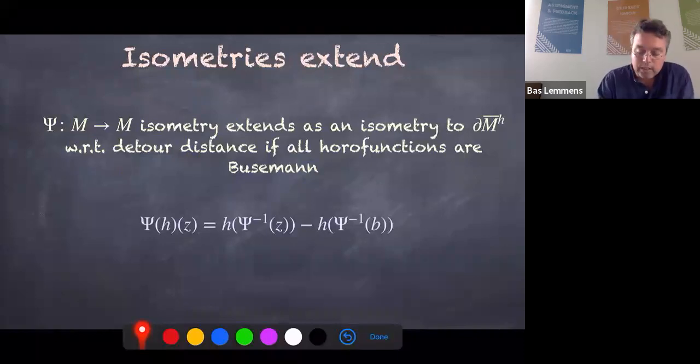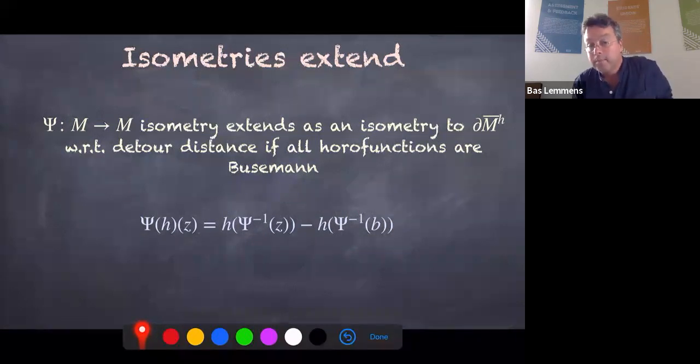And the way you do this is, well, how would you define the image of the Horofunction? Well, that should be the Horofunction h evaluated at the inverse of z minus h evaluated at the inverse of the base point. Of course, we want it to be 0 at b, so that's why we have this term there.